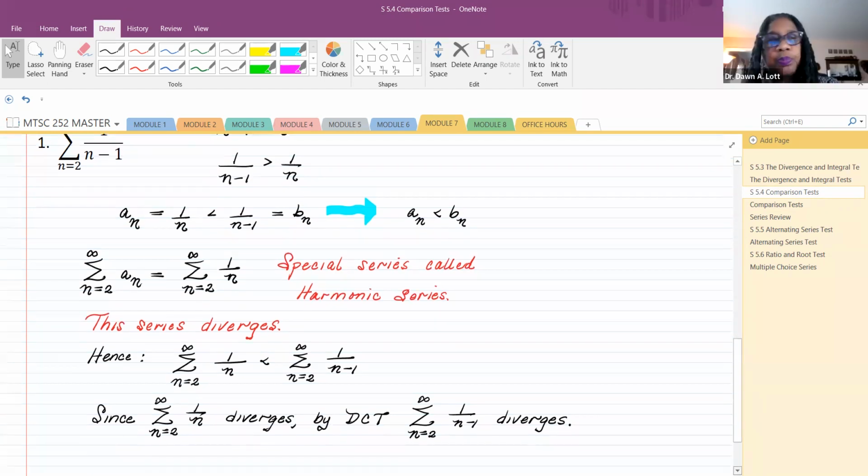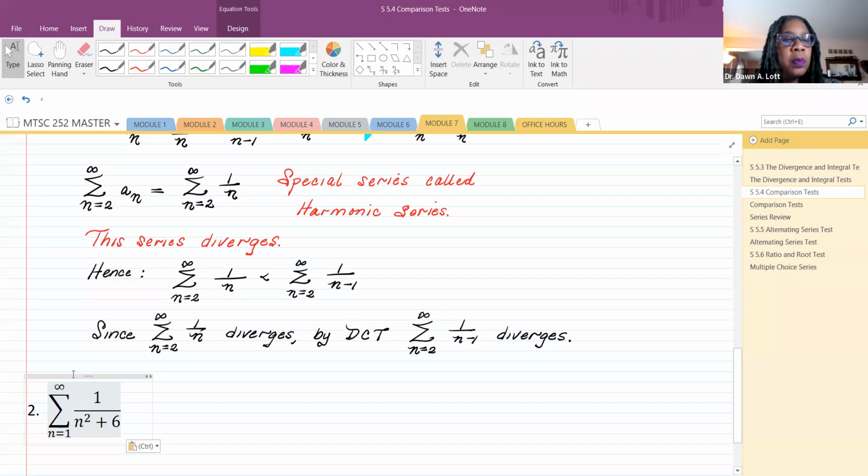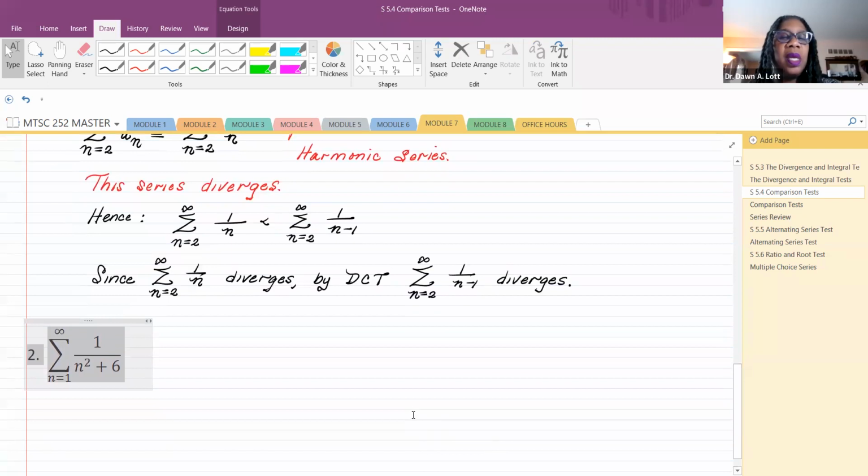Okay, number 2. What kind of series does this look like? Let's just say for a moment, n got really big. Then the only thing that really matters is the n squared. So what kind of series does this look like?